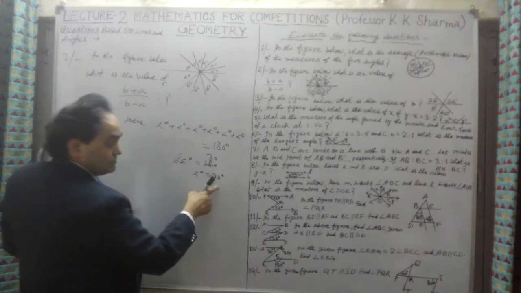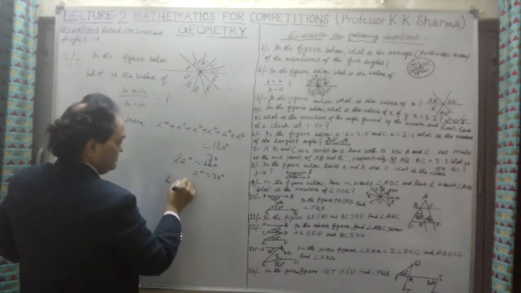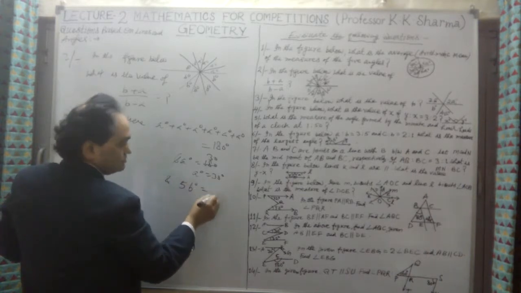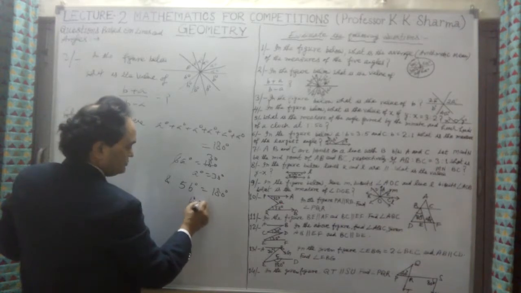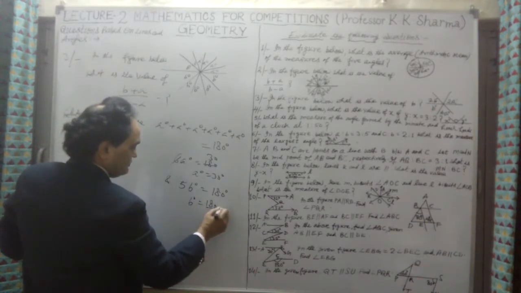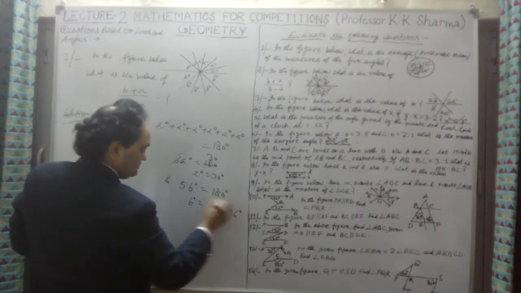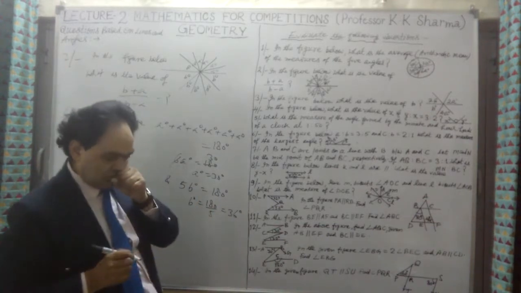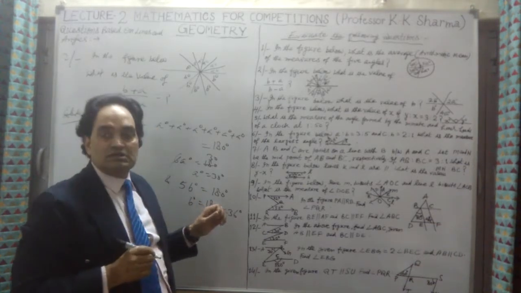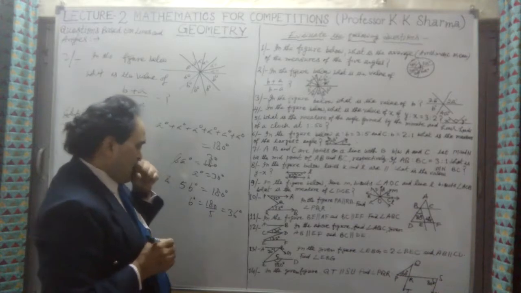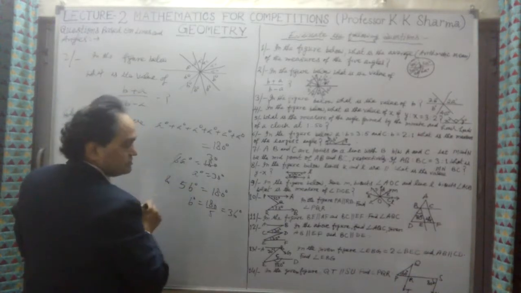We have calculated the value of a, and below we have 5 b's, and 5b degree is also equal to 180 degrees. Therefore b degree is equal to 180 upon 5, that means 36 degrees. So b is 36 degrees and a is 30 degrees.